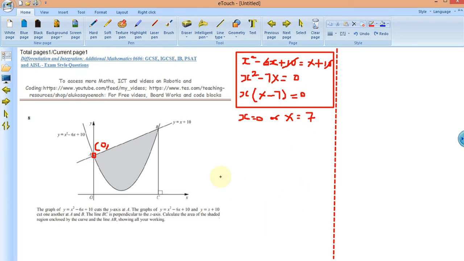That is when y are equal, so at A we have 0 comma y. And when y equals 0, we have 7 comma 0.